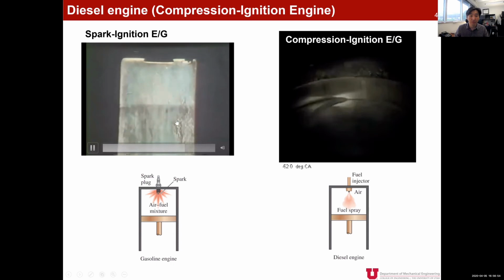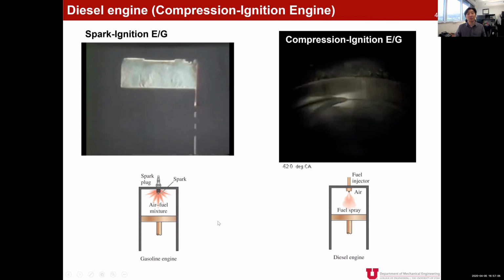And now we have expansion, and now we have the exhaust stroke where the valve is open. That is how a spark ignition engine runs. Okay, I'm going to upload these video clips to Canvas so that you can take a look at them again.